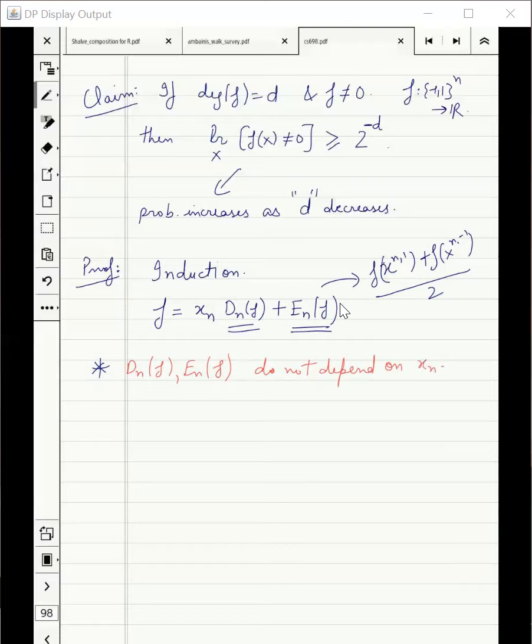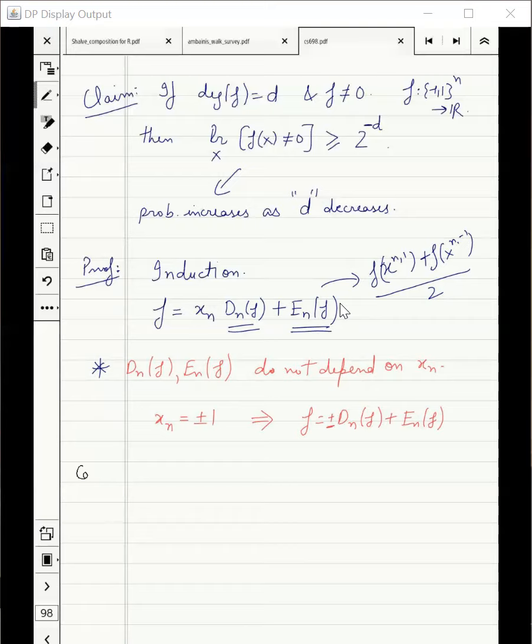Now, there are two cases. I will go to the case analysis later, but xn has two settings, plus or minus 1. Depending on that, f will become ENF plus or minus DNF, that depends on x.